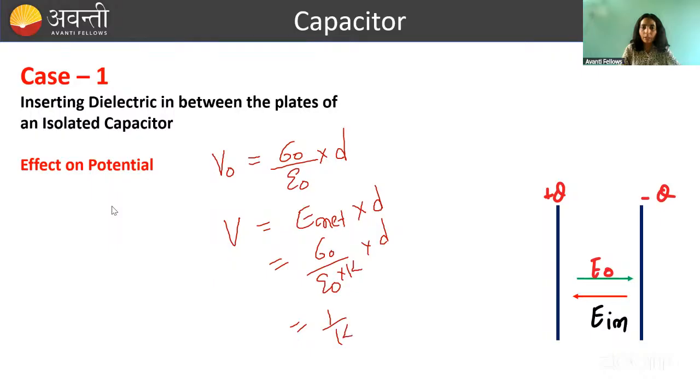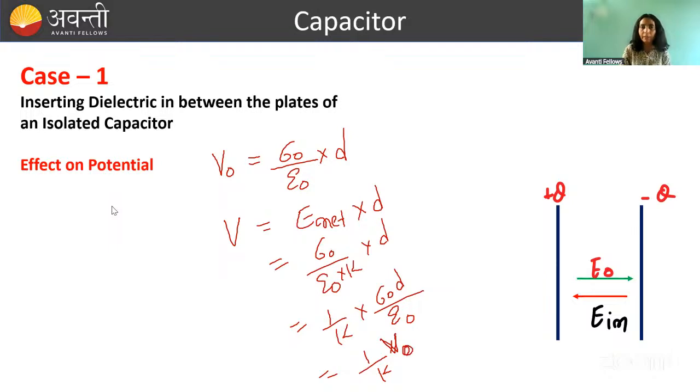So this is 1 by K into sigma naught D by epsilon naught, which is equal to 1 by K times the initial potential difference.